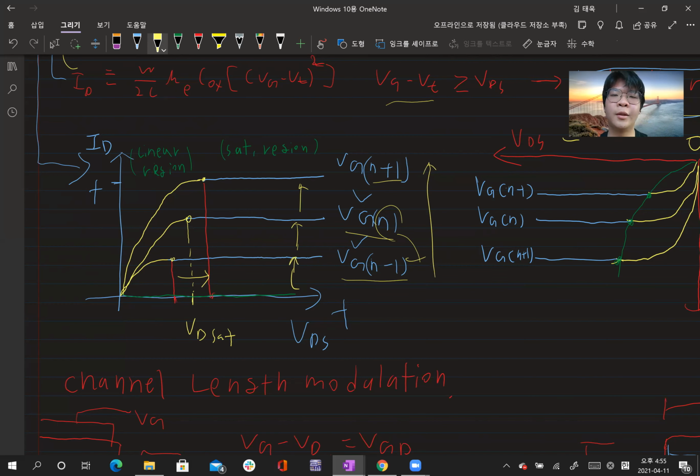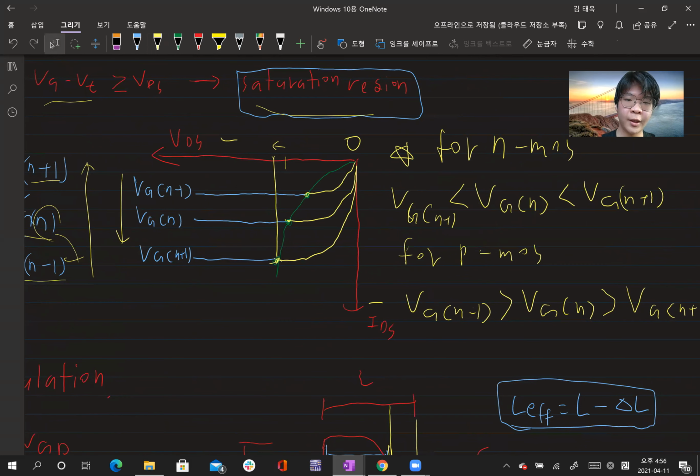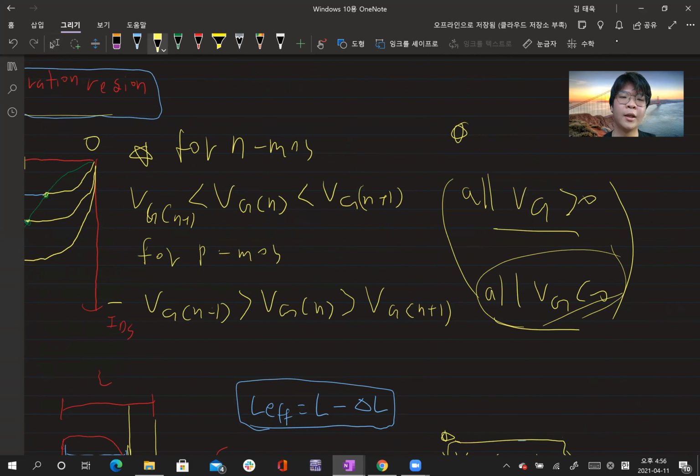However, in the PMOS, which uses holes as the channel, as the gate bias gets lower, the drive gets higher, so it can drive more current by the same amount of voltage. In PMOS, the gate biases are all negative voltages, and for NMOS, they are all positive voltages.